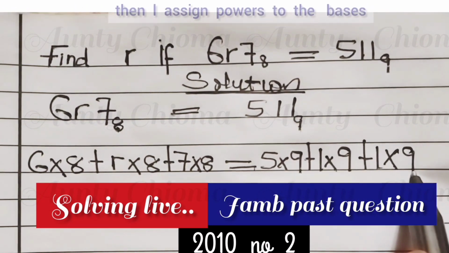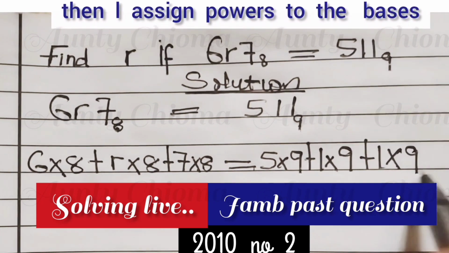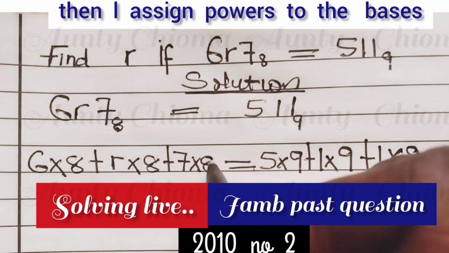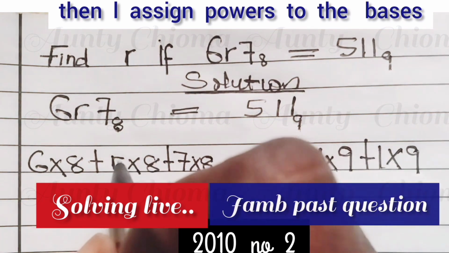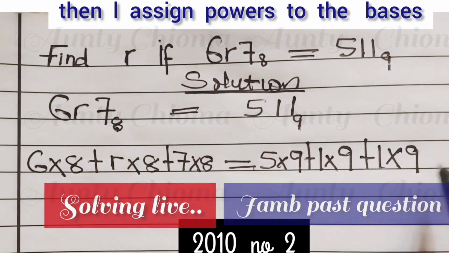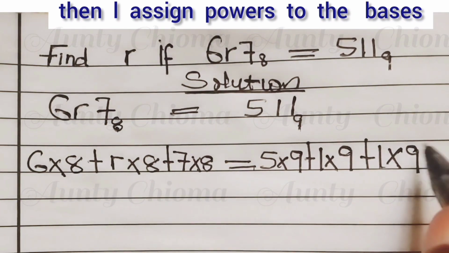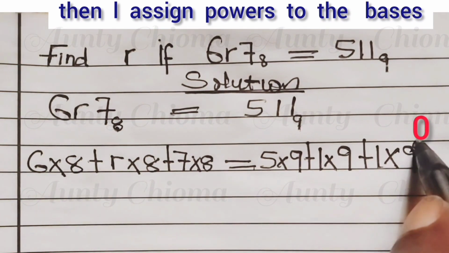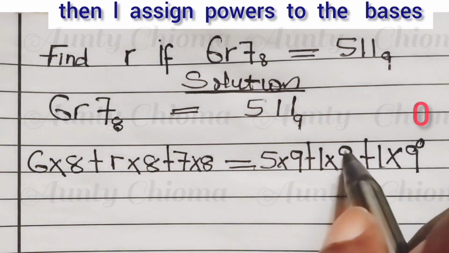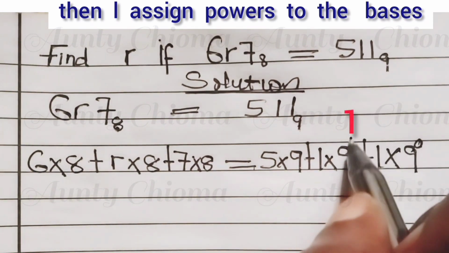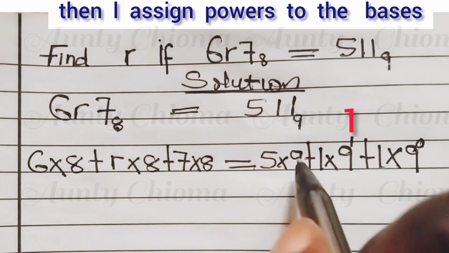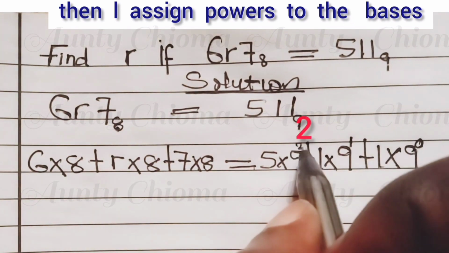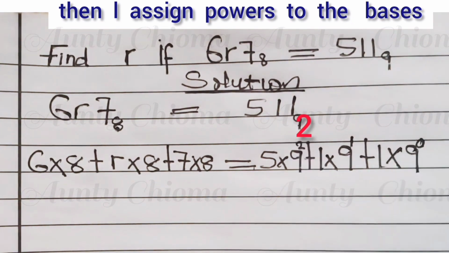Okay, now what do I do again? I assign powers to these bases, I raise these bases to powers. Like this, I start with this 9 and I give it 0. The next, second 9, 1. The third 9, 2.